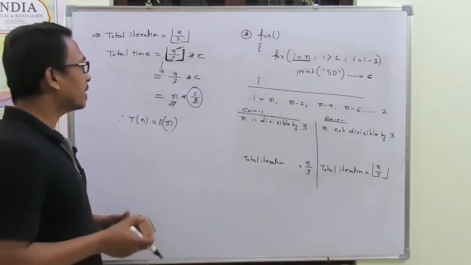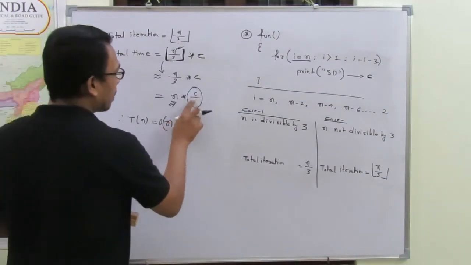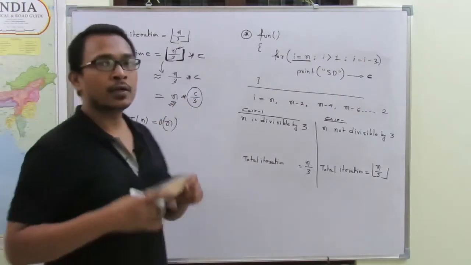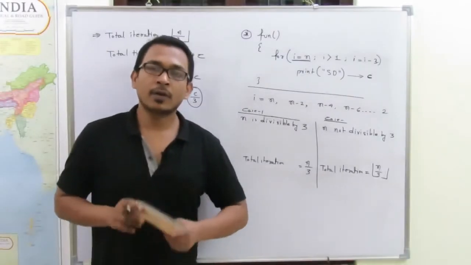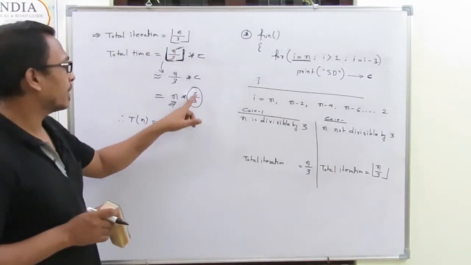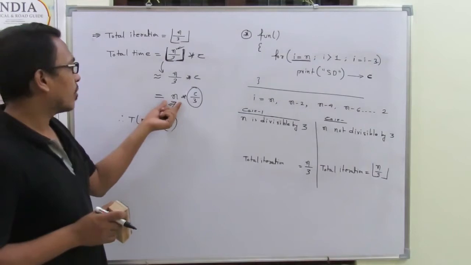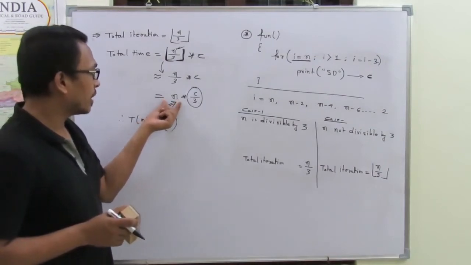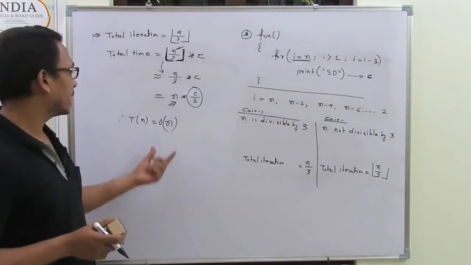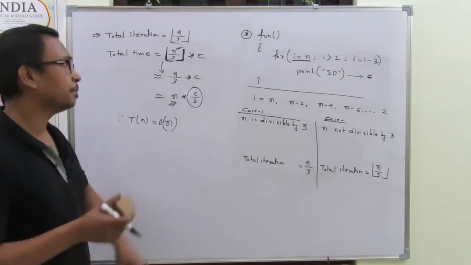All the remaining parts are going to be the part of constant only. So here what we will get? We will get c by 3, and again this is the only term with number of inputs. So what will be the time complexity of this particular problem? That is order of n again.